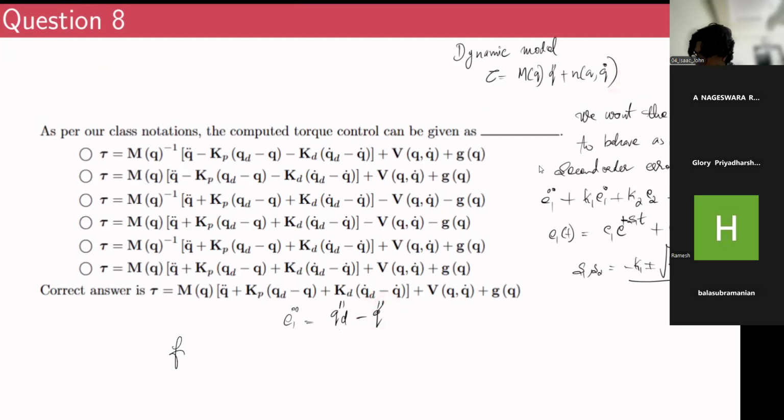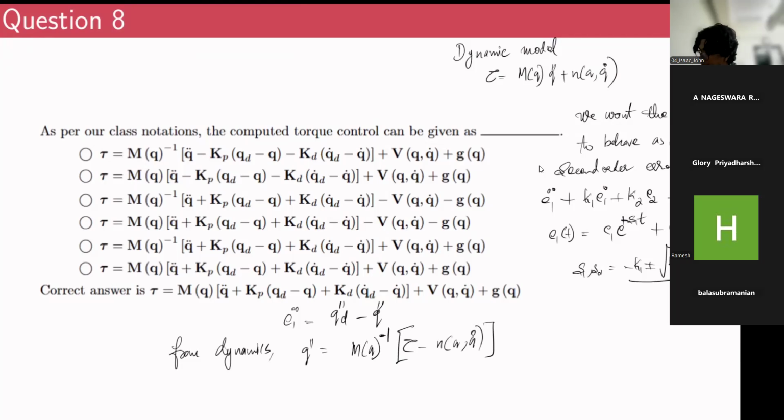So from the dynamics, q double dot is nothing but tau minus N(q, q dot), the whole quantity pre-multiplied by M(q) inverse.